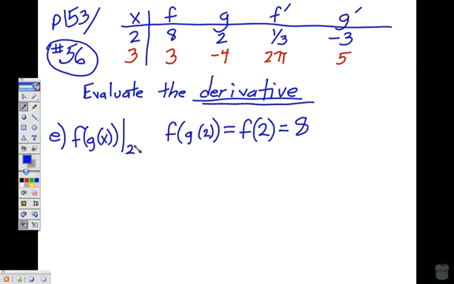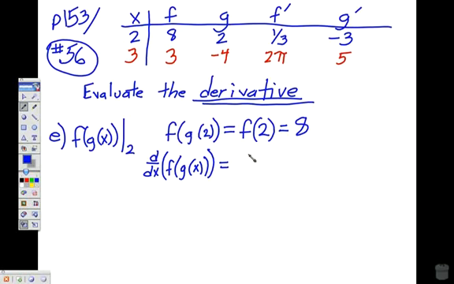Our derivative is going to be the derivative of f of g of x. Well, that's a function of a function, so we know we're going to be doing a chain rule.